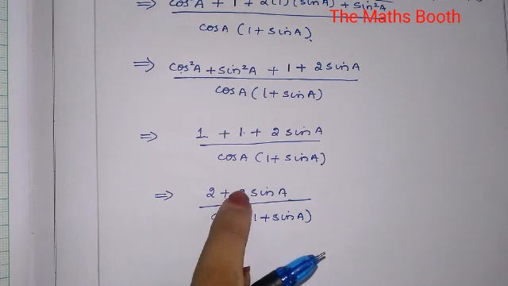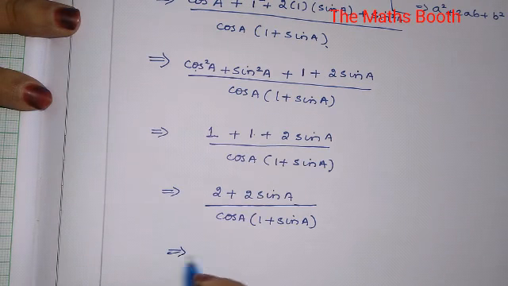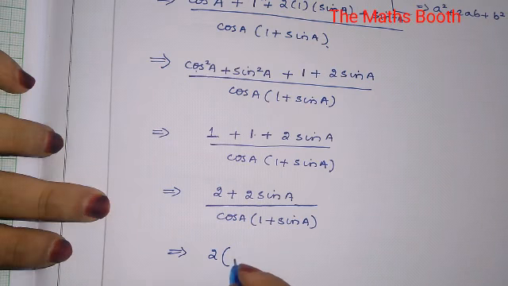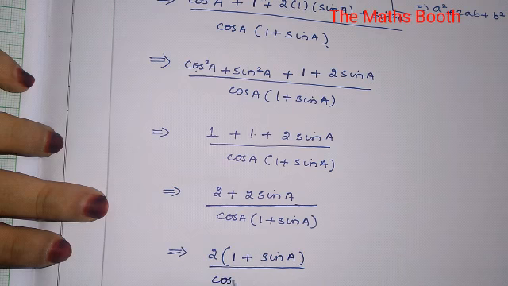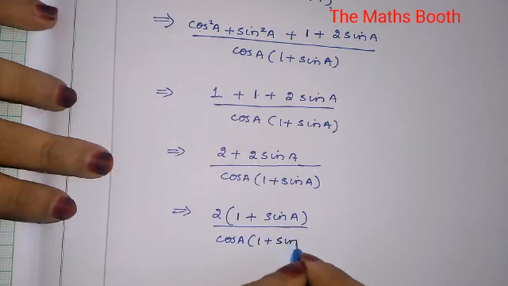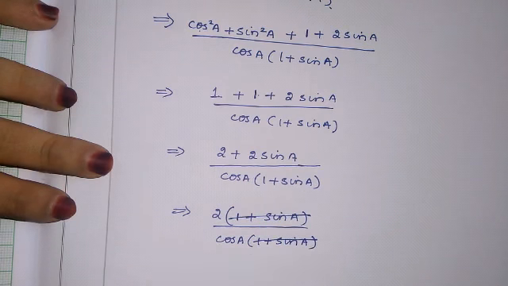Now we can see in the numerator 2 is common. So let me take 2 as common. What is left? If 2 is common, nothing means 1. Here 2 common I have taken out, remain sin A upon cos A into 1 plus sin A. Now we can see 1 plus sin A, 1 plus sin A get cancelled.